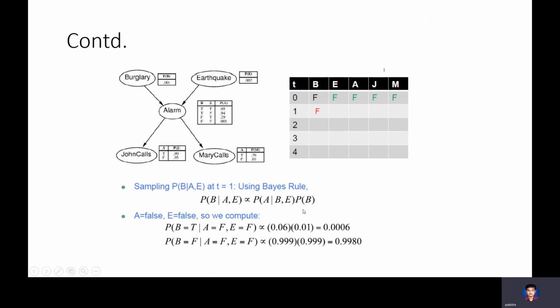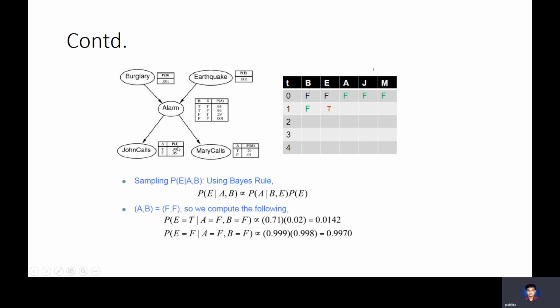You can just look up the tables and compute these probabilities, P(B given A and E), and so on. Suppose this probability turns out to be 0.006 and 0.9980. Probability that B is true is 0.006 and B is false is 0.9980. Do a coin toss according to this ratio. Of course, it will turn out false most of the time. So you set B to be false again.